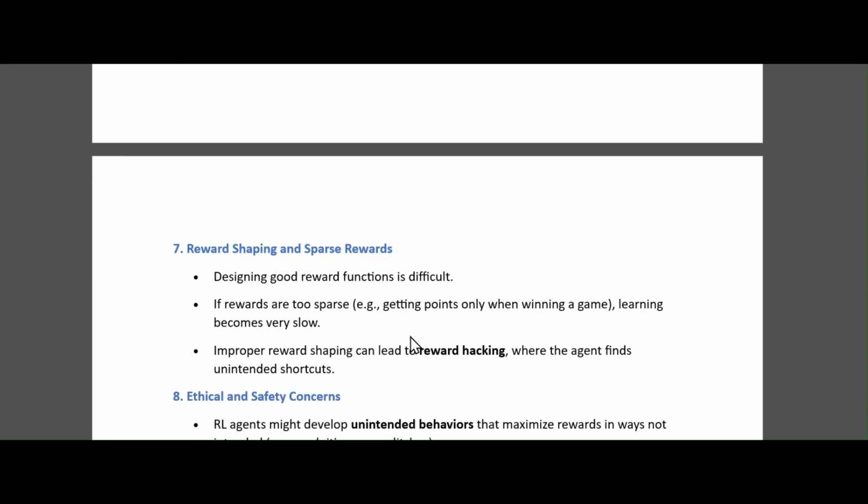And when we talk about reward shaping, it is about designing good reward functions. Designing good reward functions is so difficult. Take an example of teaching a child to clean their room: you have to shape their behavior with rewards.